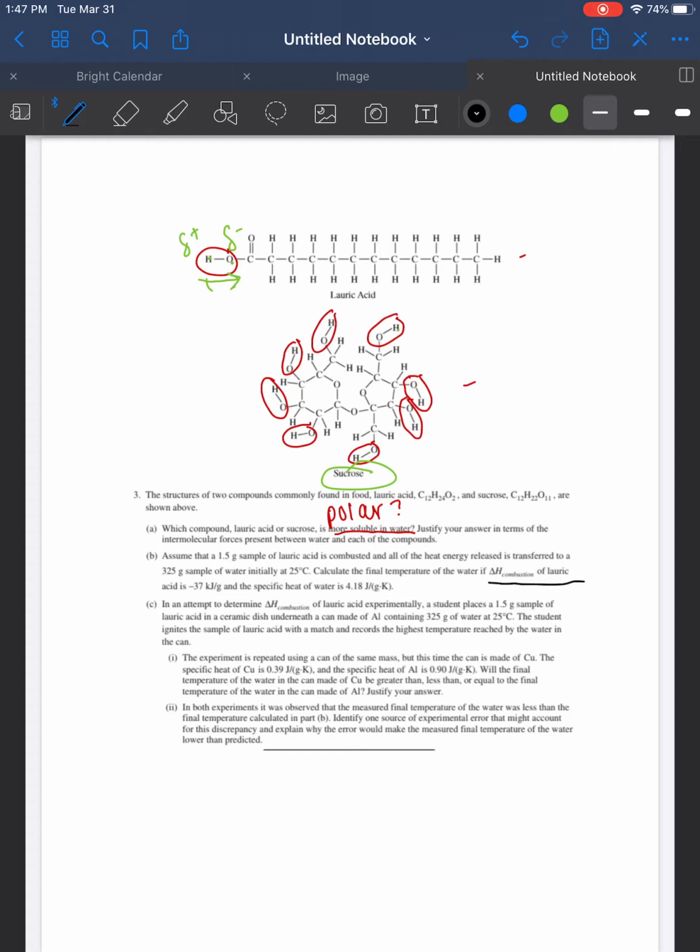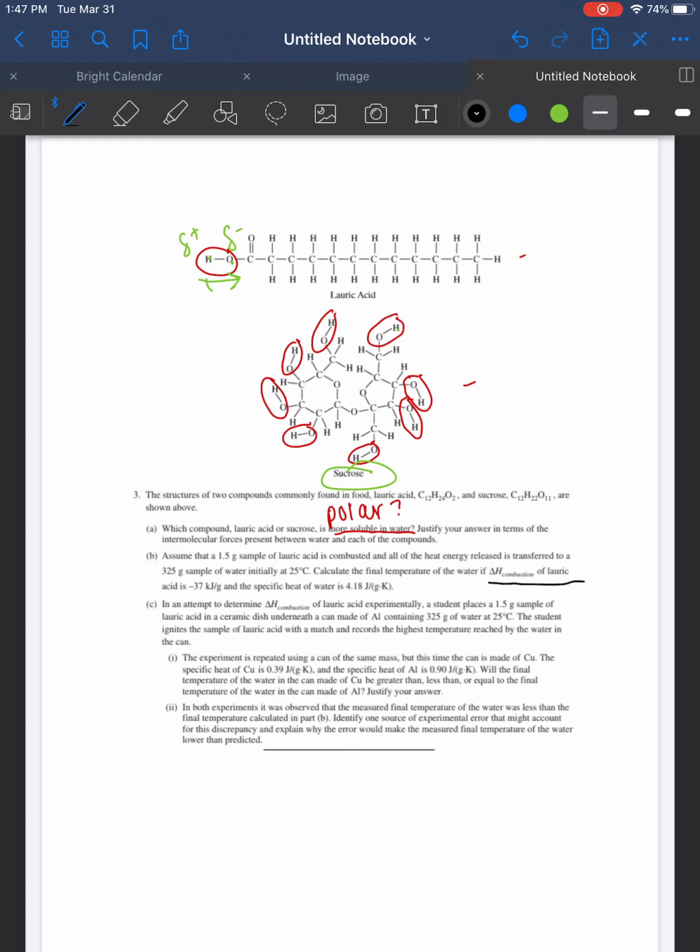The student ignites the sample of lauric acid with a match and records the highest temperature reached by the water in the can. Okay, so let's draw this out.